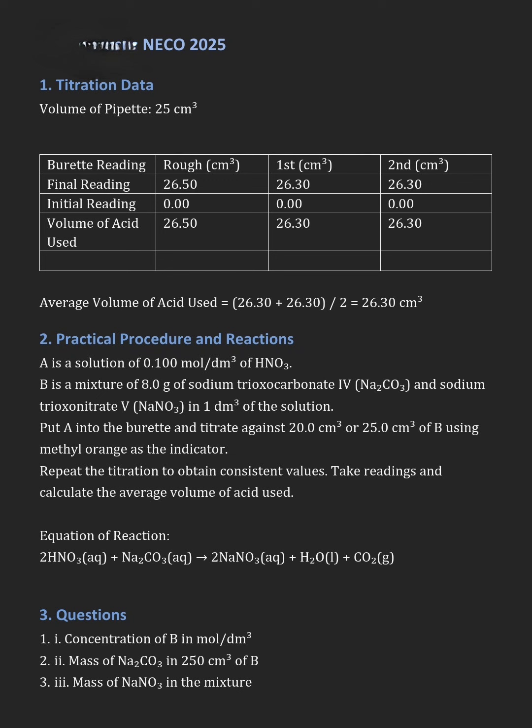It is only acting as an impurity. So that is why in the equation for the reaction you are only seeing HNO3 plus Na2CO3. You didn't see the sodium trioxonitrate(V) in the equation for the reaction because it does not react. It's just acting as an impurity.